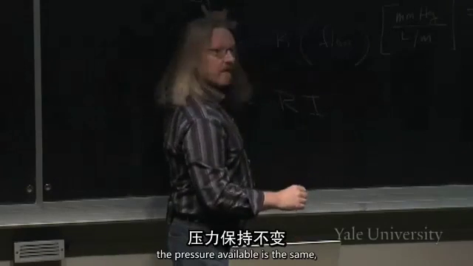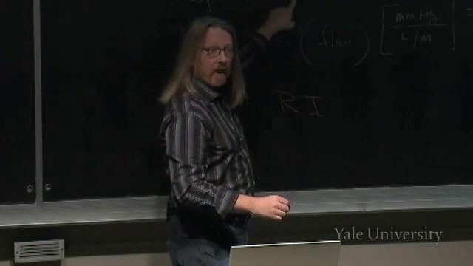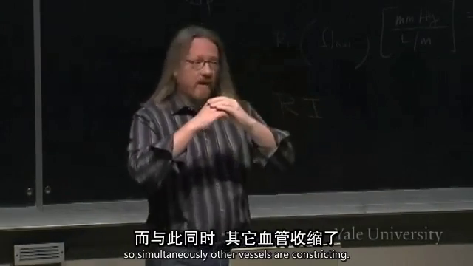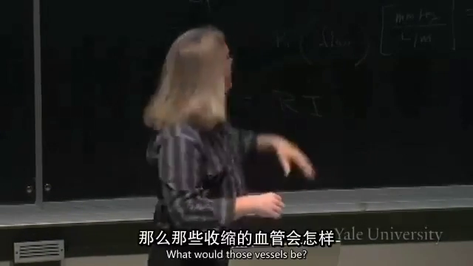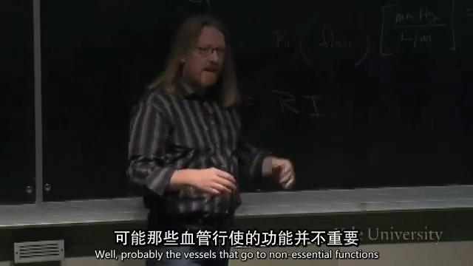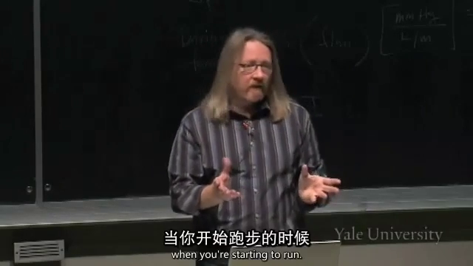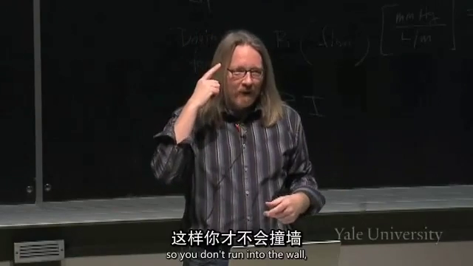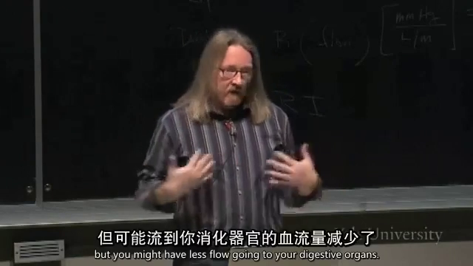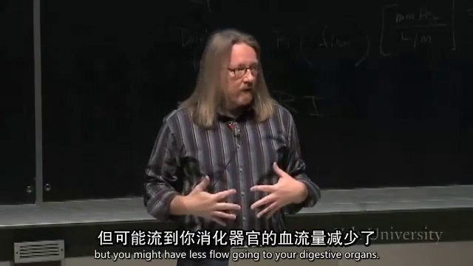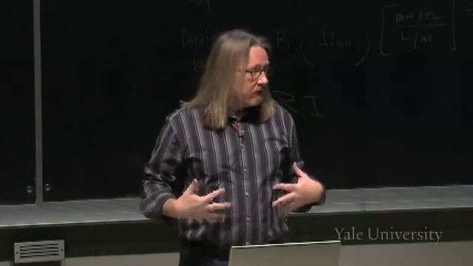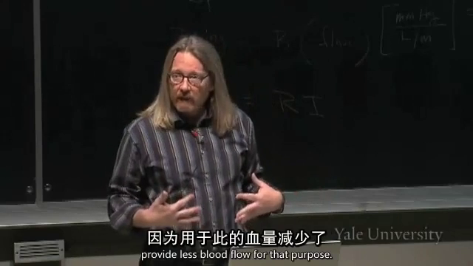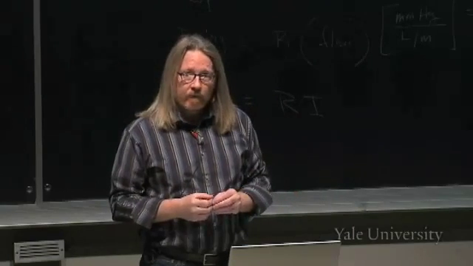The pressure available is the same, so they'll get more flow. That flow has to come from somewhere, so simultaneously other vessels are constricting. What would those vessels be? Probably the vessels that go to non-essential functions when you're starting to run, not your brain. You want to keep blood flow to your brain so you don't run into the wall. But you might have less flow going to your digestive organs. So you'd stop digestion for some period or slow it down, providing less blood flow for that purpose.